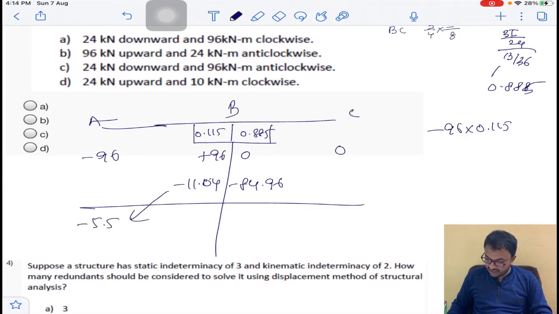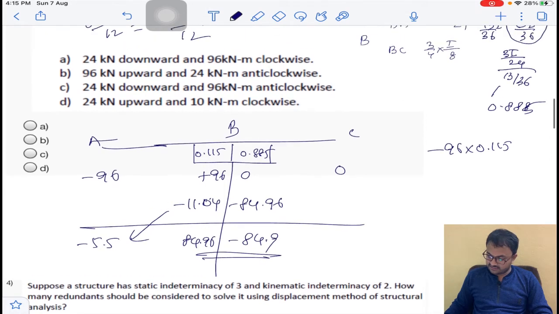Here the total of 96 minus 11 becomes 84.96, and this becomes minus 84.96. That is the equilibrium at the joint.